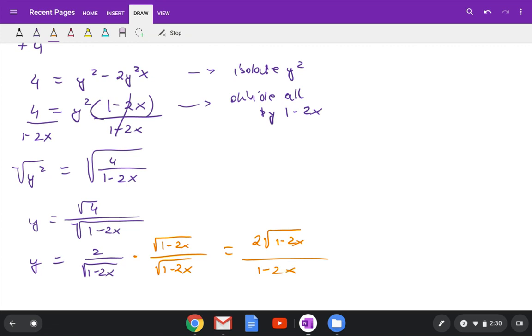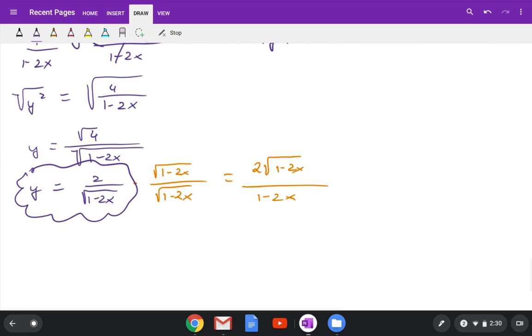Okay, I just want to explain it again that your textbook left the solution that way. So I'm assuming that my MATLAB maybe won't ask you to simplify that further. Okay, so this is the inverse function, so I will just follow the book. The inverse function is 2 over the square root of 1 minus 2x.